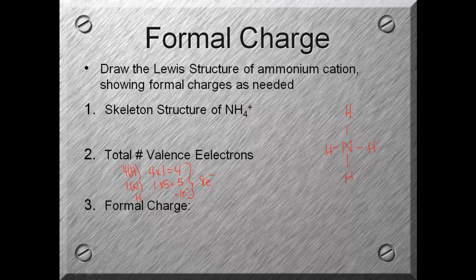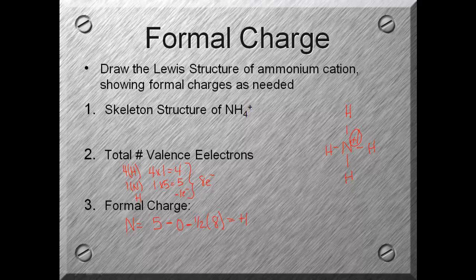Now to calculate the formal charge on nitrogen, that would be 5 valence minus the lone pair electrons, which nitrogen has none, and you're going to take half of the number of bonded electrons, which is a total of 8, and you get a +1 charge.